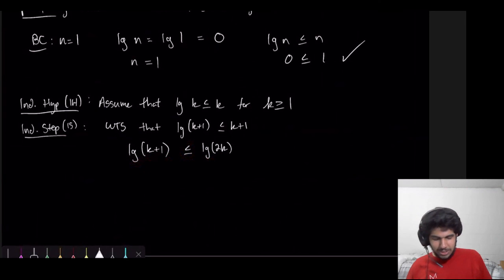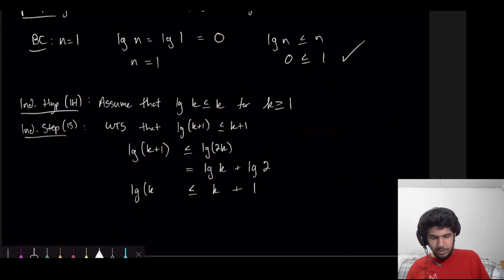With that, we can do a simplification. Using our log rules, this is equal to log of k plus log of 2. And by our induction hypothesis, we know that log of k is less than or equal to k, because that's what we assumed. So this will be less than or equal to k plus 1.